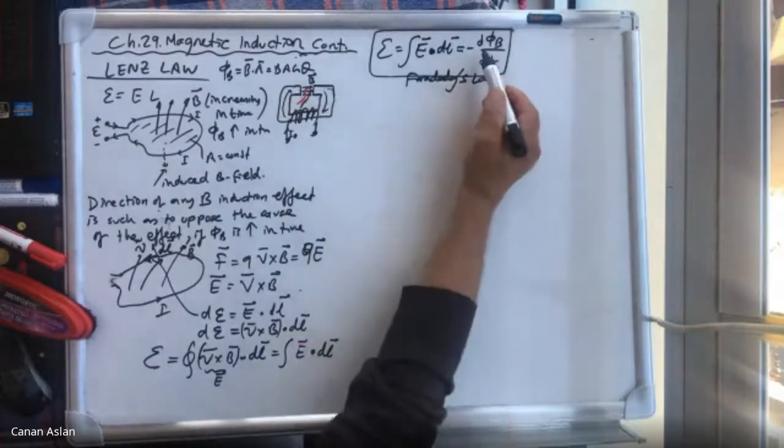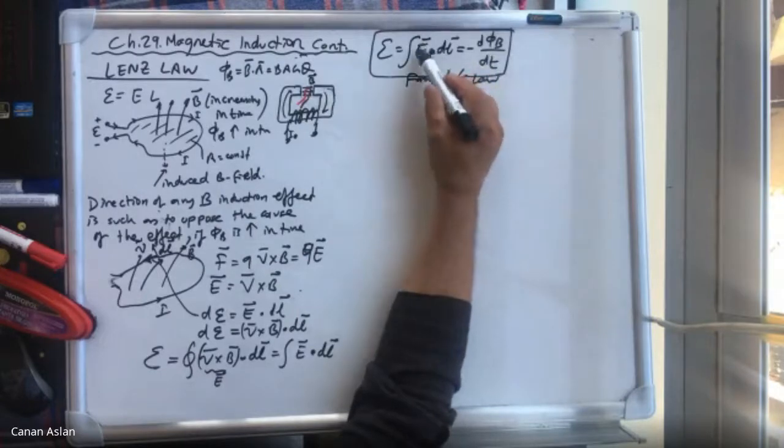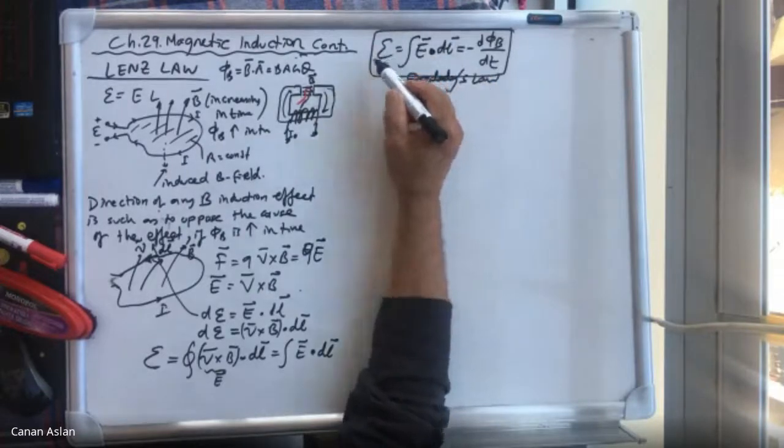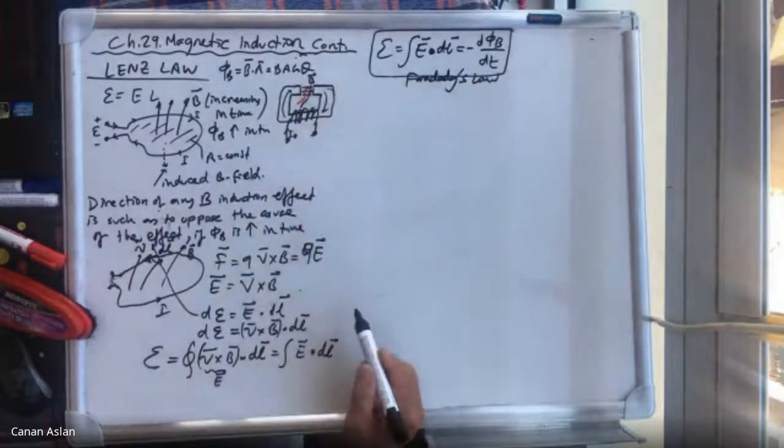This equation tells me that if there is a magnetic flux changing in time, it induces some kind of electric field. And if there is a circulation through some length, then there is a voltage difference between these two tips. This is what Faraday's law states. So we have electric and magnetic fields related to each other.